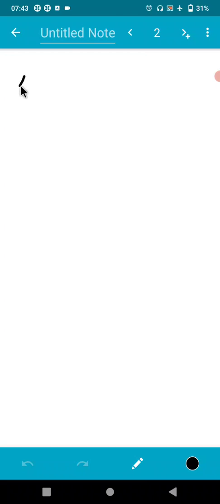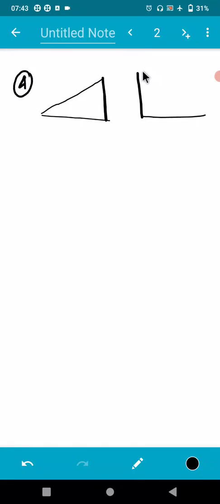Now two triangles are given in the question. Two triangles are given in the question, students. So this is the triangle they have given. Yes. Now the name of one triangle is given DEF. Yes. So DEF, and it is given A, B and C. Fine.